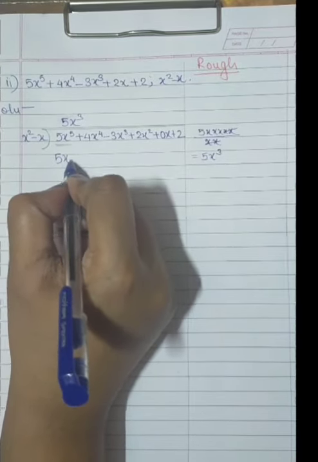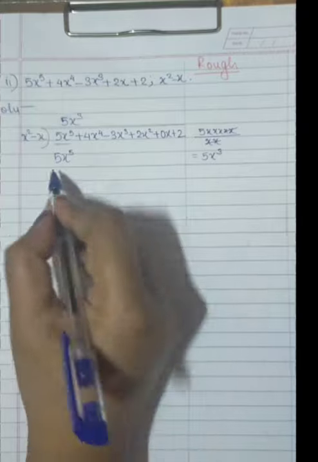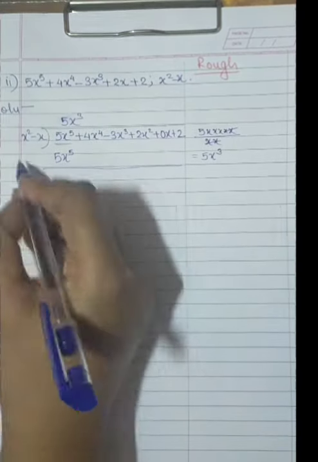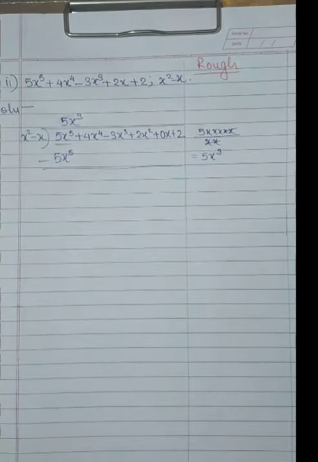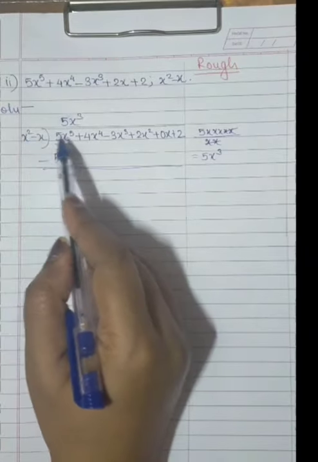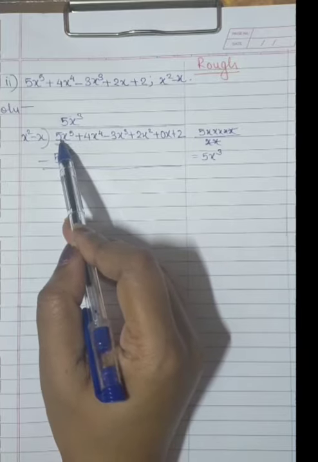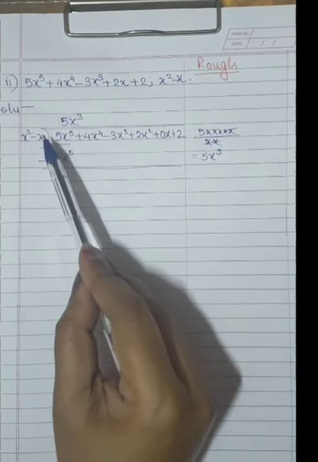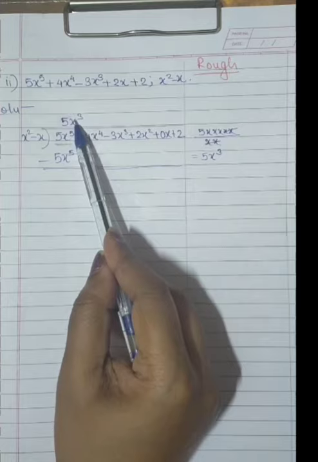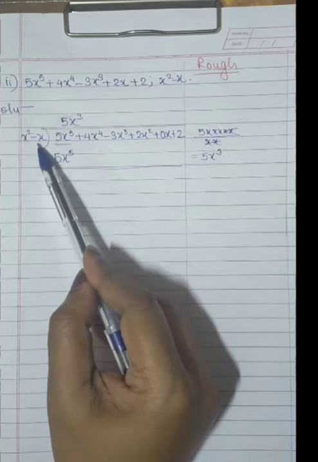Now 5x² multiplied by 5x³ means we will get 5x⁵. Now here also the sign will change, we'll get minus, since we are subtracting, the sign is going to change. Now this step we have done, we have divided this with this. Now again we have to multiply this 5x³ with minus x.